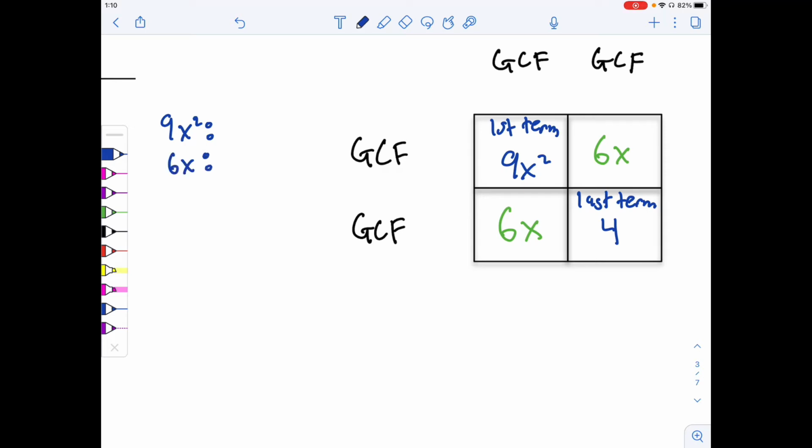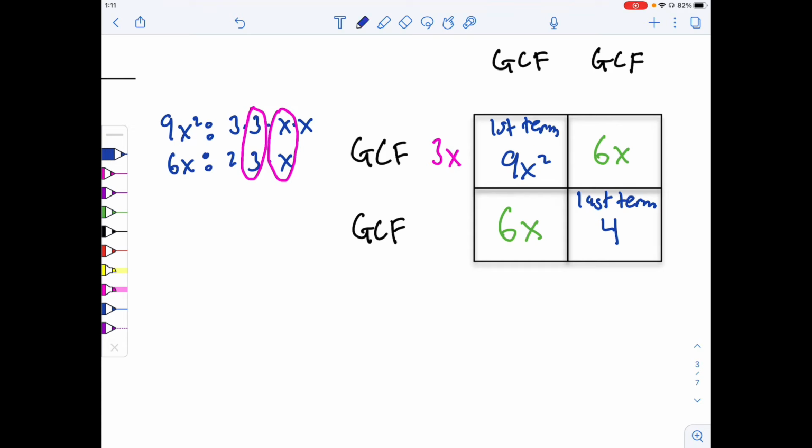So 9x squared, 9 is 3 times 3, and 2 x's. 6 is 2 times 3 with 1 x. What's common? 3 and an x. So the GCF of that row is 3x.